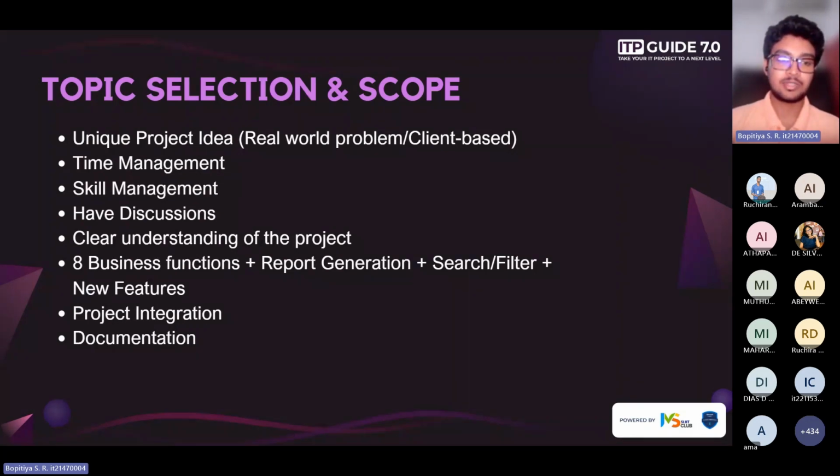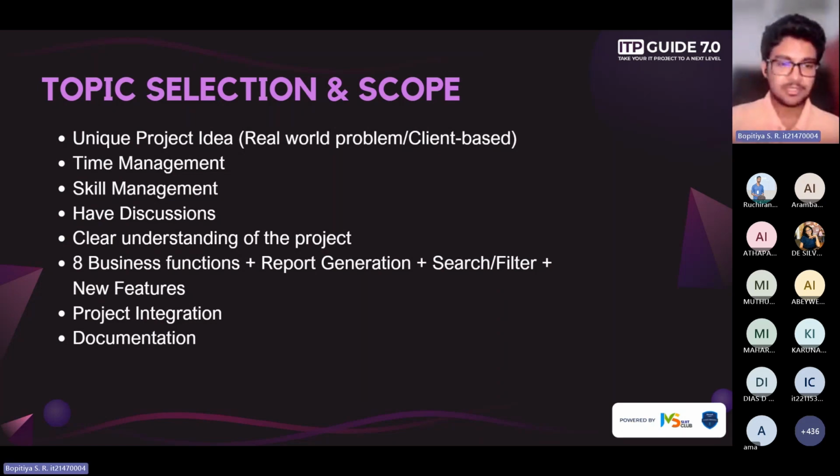And always think of the members' ability to do the implementation and assign the work so that they can do it. So think of the skill management aspect as well. And yes, as I said, have discussions with your team. That's very important. Have proper communication, and that will inevitably help each and every member have a clear understanding of the project.